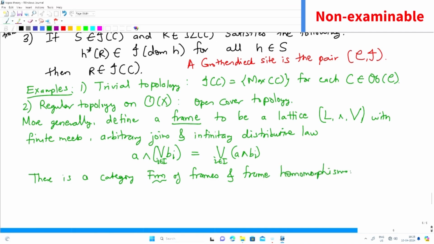So what are frame homomorphisms? If I am calling them homomorphisms, then they have to preserve finite meets and arbitrary joins. Examples of frames include OX for a topological space X.